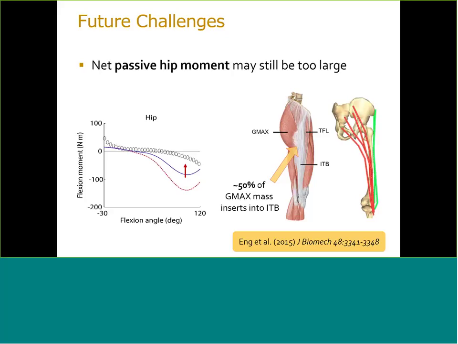Just adding to what Allison was saying, one of the problematic muscles that we saw in these passive forces was the Gmax, all three compartments. We did change the optimal tendon slack length for those three muscle-tendon units, but they had to be within the experimental studies.